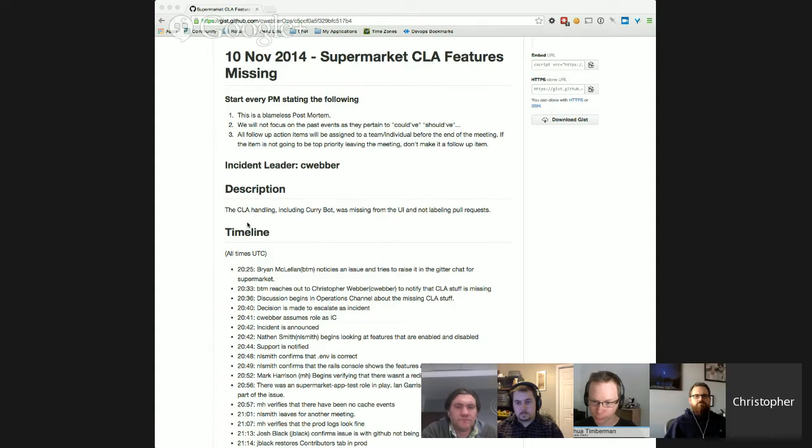At 2049, he confirms that the Rails console shows the features are enabled. At 2052, Mark Harrison, MH, begins verifying that there wasn't a Redis issue, which in hindsight we already knew because of the way rollout works, but that's right.